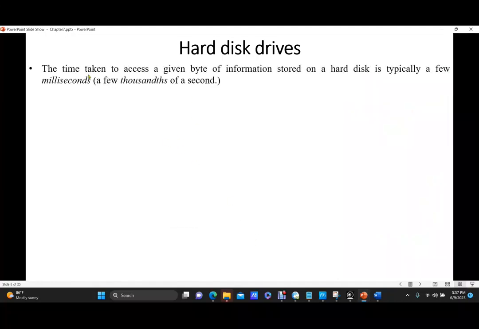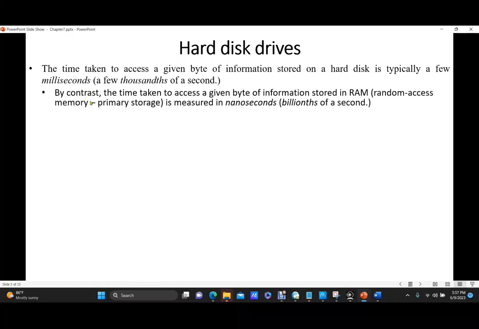The time it takes to access a given byte of information on a hard disk is typically a few milliseconds, a few thousandths of a second. By contrast, the time taken to access a byte of information in RAM, primary storage, is measured in nanoseconds, billionths of a second.